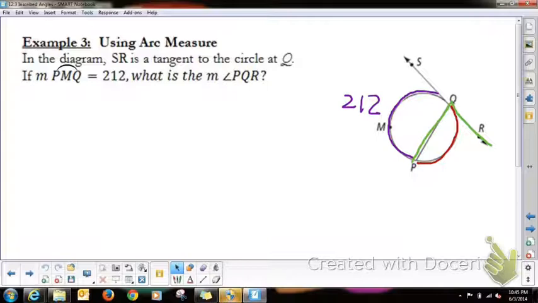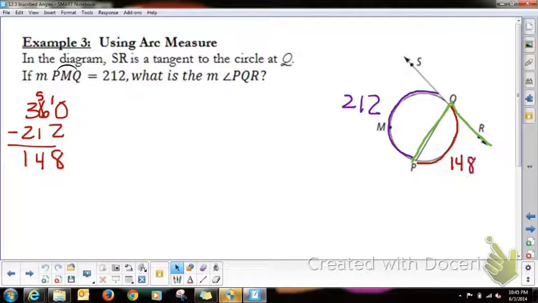We could do it that way. 360 minus the arc we know, minus 212, is going to give us 148. So this arc over here measures 148. And so this angle PQR would be 1/2 of this arc of 148.